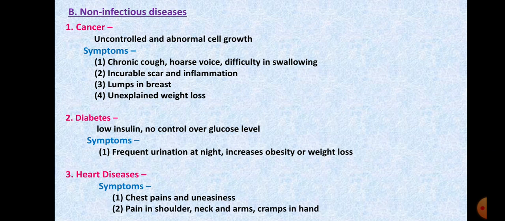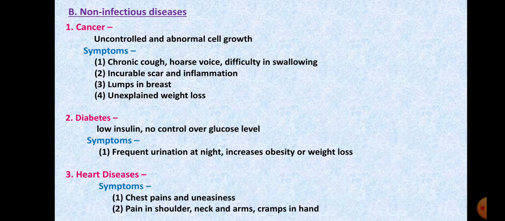The third one is heart disease. Now, the efficiency of the working of the heart can decrease due to less blood supply. When there is less blood supply, that means less oxygen and nutrients are supplied to the heart muscles.